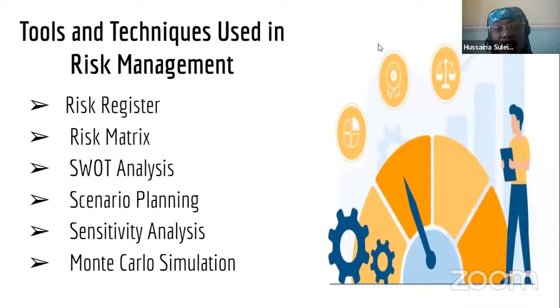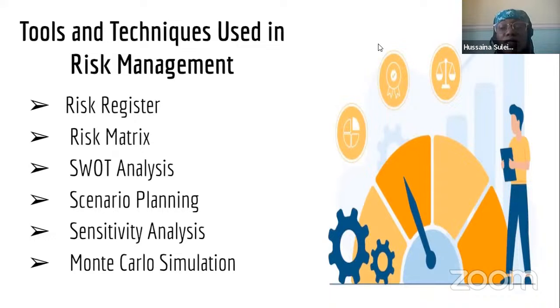The risk register is just a chart or a table, a tabular representation of how you intend to monitor your risk. So a risk register is like a table, or if you like call it a grid, where you can register each potential risk, and also monitor them accordingly.